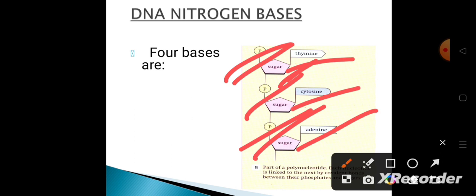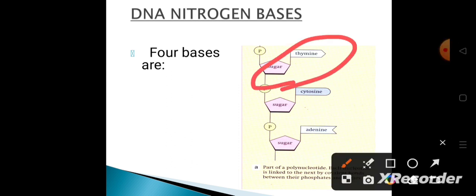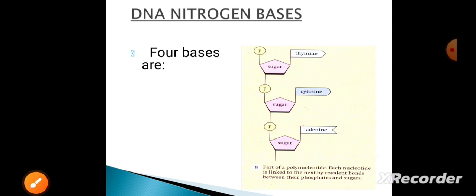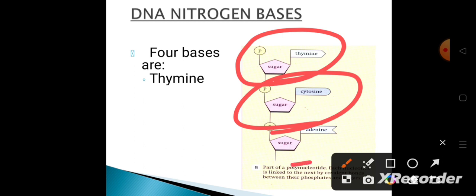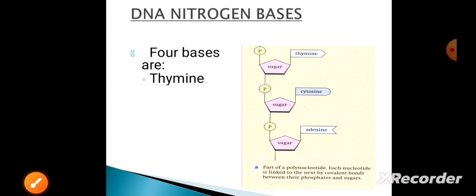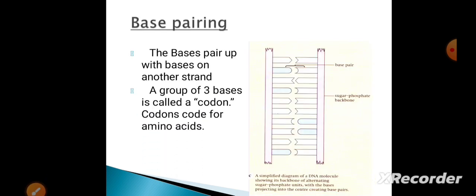This is one nucleoside, second nucleoside, third nucleoside, because the phosphate is free. Then first nucleotide, second nucleotide, third nucleotide. Thymine, adenine, cytosine, these are bases in DNA specifically. Now, what is a base?